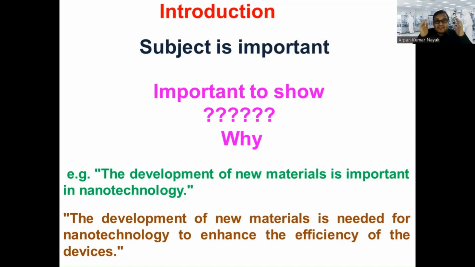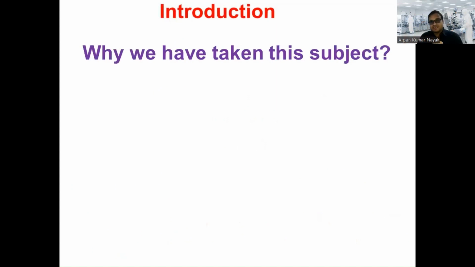So whenever we write our introduction part, our first focus will be why this subject is important. Or we can say, why we have taken this subject. So our first aim will be to explain why we have taken this subject.